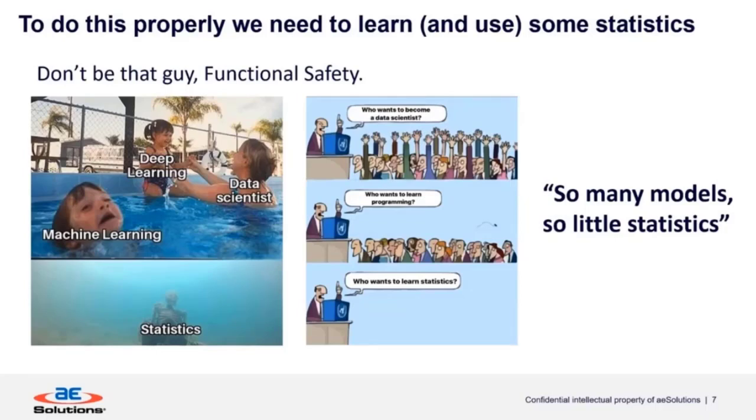That's what this means. So don't be this guy. And this is where I'm going to be talking some statistics today. It's not pretty at times, so just be aware of that.